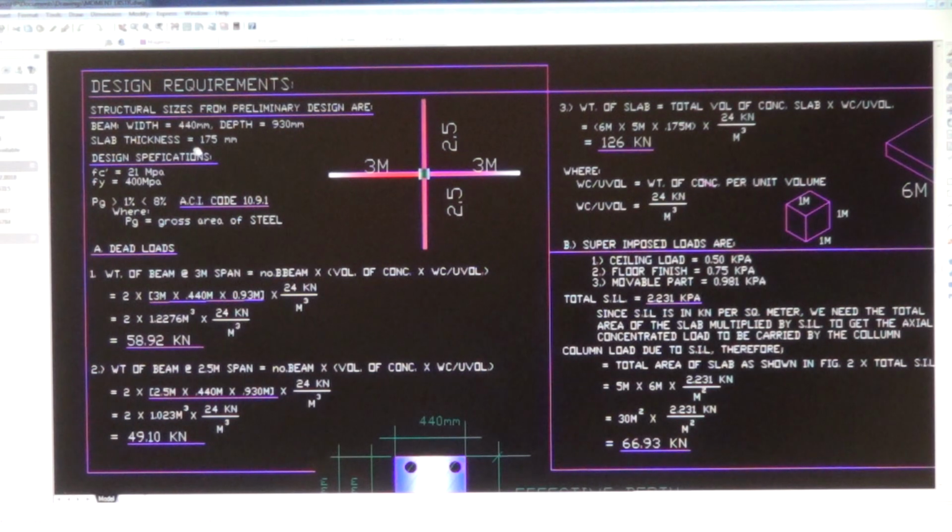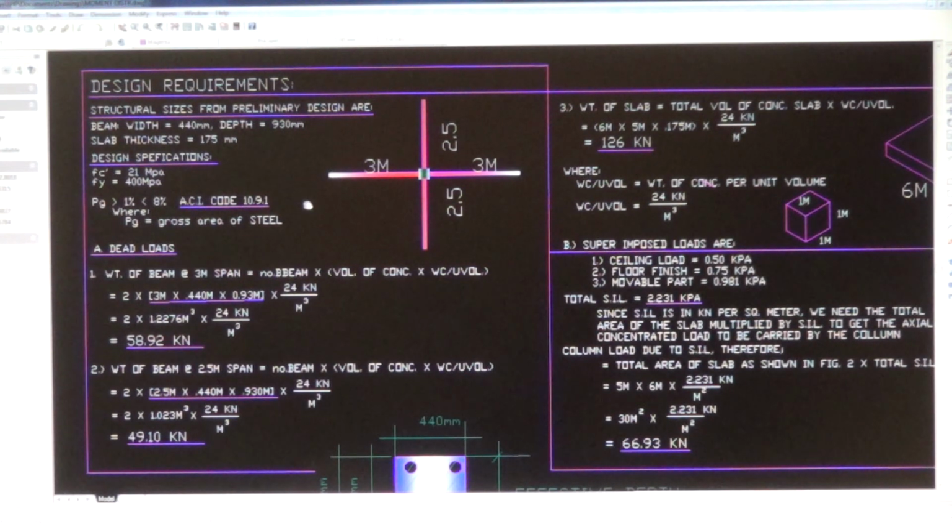On the slab, also during preliminary design, we found 175 millimeter thick. Here's the design specification. Concrete is 21 MPa and steel is 400 MPa. ACI code 10.9.1 limits the column reinforcement to carry a load ranging from 1 to 8% only.